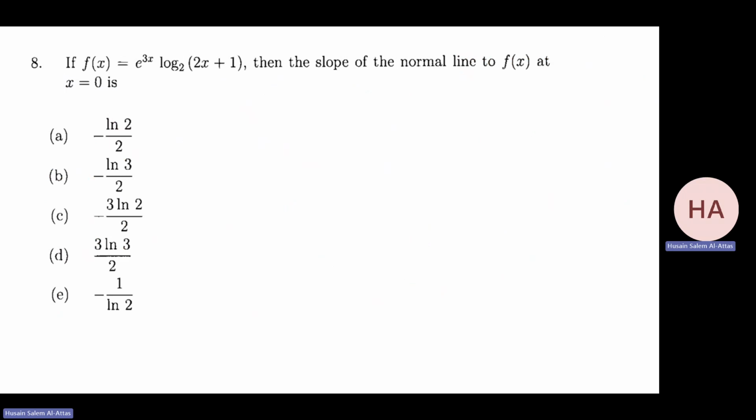The slope of what? The normal line at x equals 0.